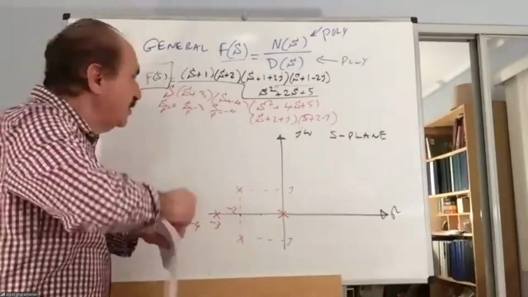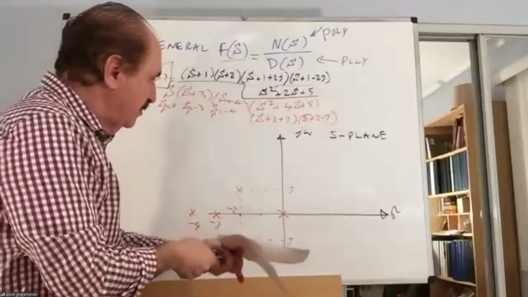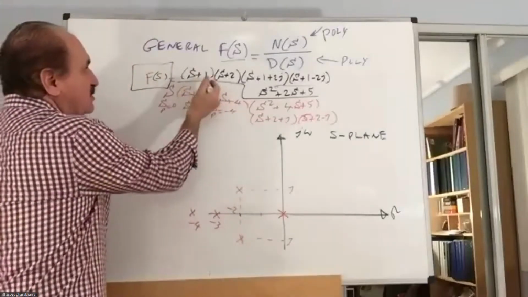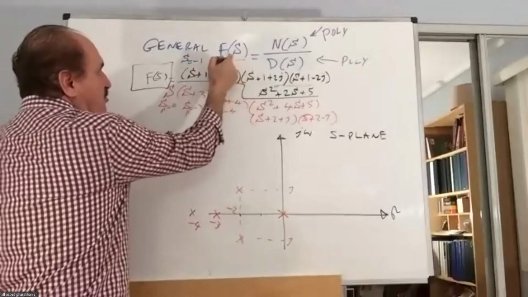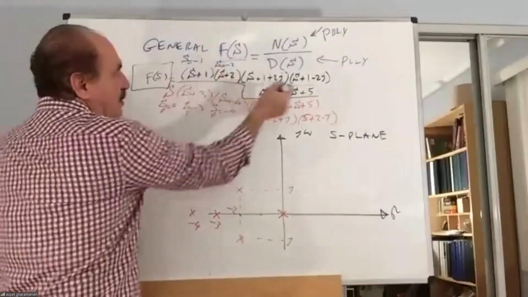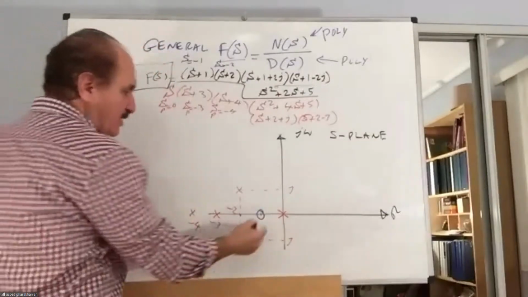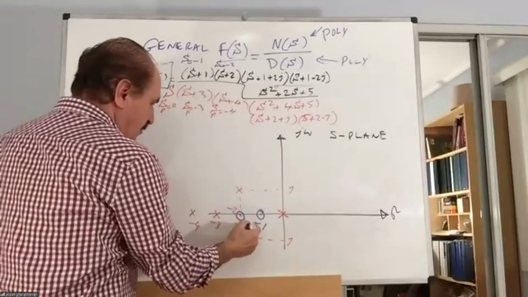The zeros will be shown with an empty circle. So you have to plot them. s plus 1: the zero of that will be -1. s plus 2 equated to 0, s equal to -2. And so on. So a zero should be at -1, then at -2, there's a zero there.